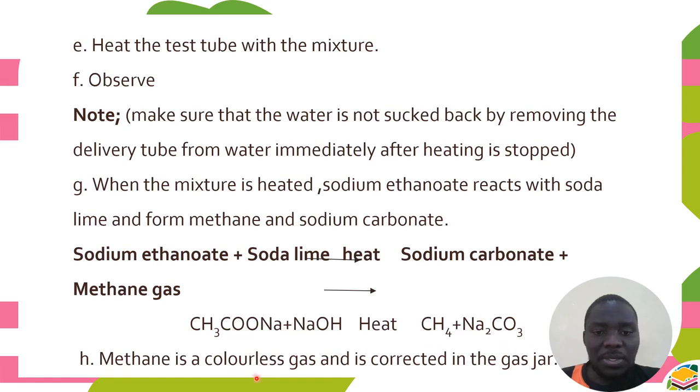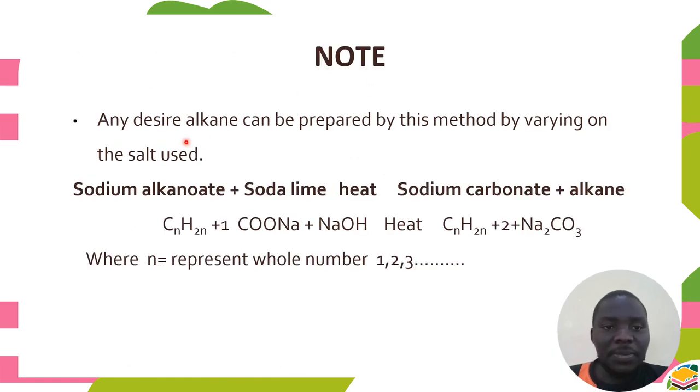So methane is a colorless gas which is collected in the trough on the setup. Note, any desired alkane can be prepared by this method by varying the salt which is being used. That is what I was emphasizing in the previous slide. We can prepare any type of alkane depending on the salt.